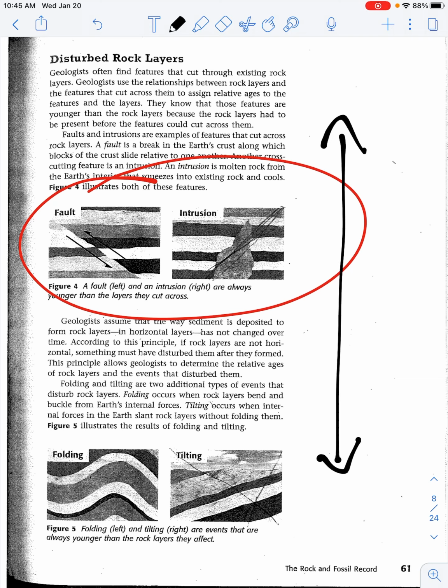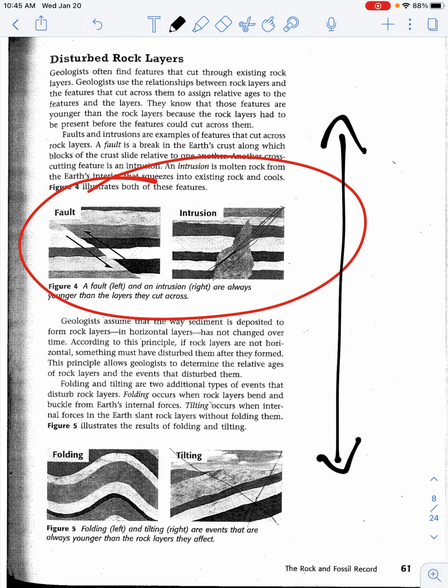Geologists assume that the way sediment is deposited to form rock layers in horizontal layers has not changed over time. According to this principle, if rock layers are not horizontal, something must have disturbed them after they formed. This principle always allows geologists to determine the relative ages of rock layers and the events that disturb them. Folding and tilting are two additional types of events that disturb rock layers.